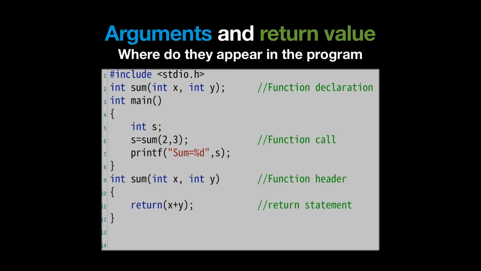We classify the user-defined functions into 4 different types based on whether the function is with arguments or without arguments, or with return value or without return value.